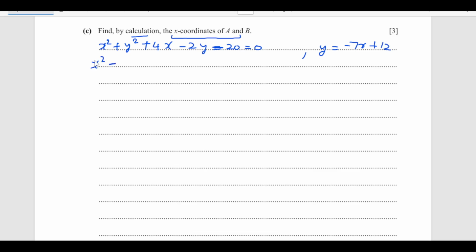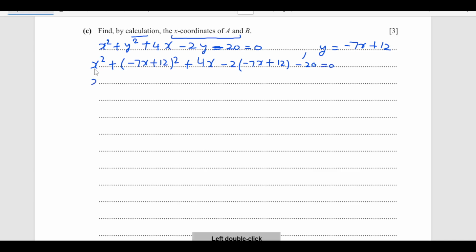So, x squared plus y, which is now negative 7x plus 12 squared, plus 4x remains as it is, minus 2 into y, which is again negative 7x plus 12, minus 20 equals 0, right.